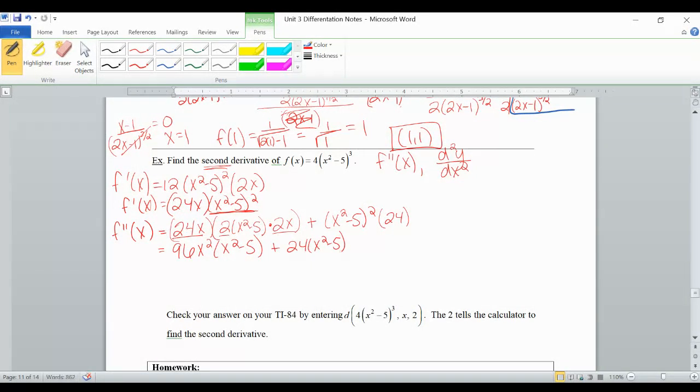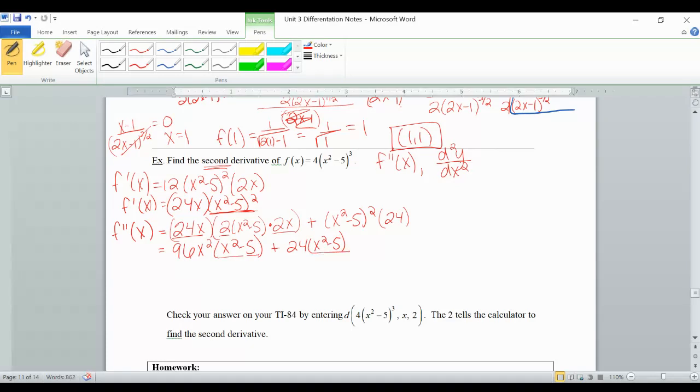And I'm just going to simplify this as if this were a multiple choice problem, so you can get the idea of what would happen once they go from this step to just a random answer that looks nothing like it. So if you notice, you've got an x squared minus 5 here, and these are two separate terms.